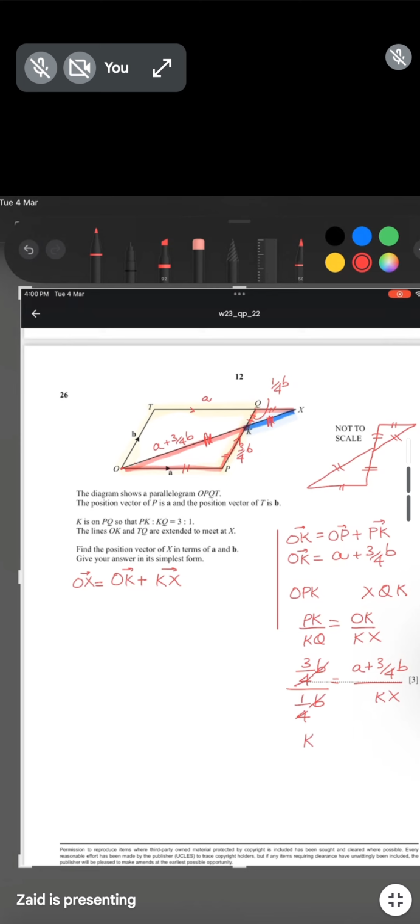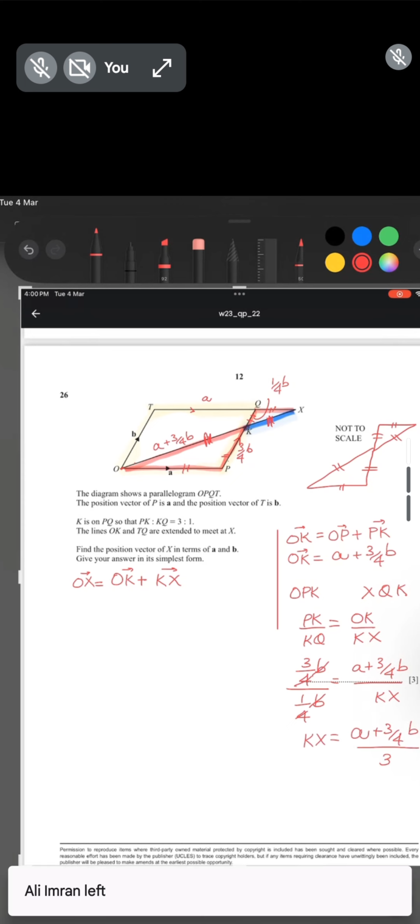So KX is going to be A plus 3 upon 4, whole divided by 3.